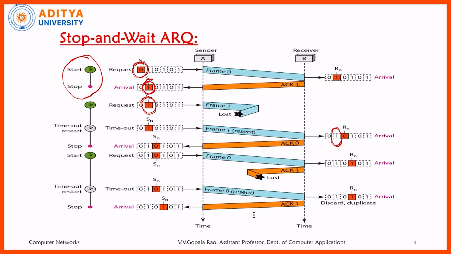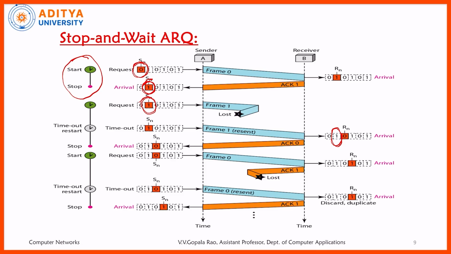After receiving frame number 1 successfully, the next frame the receiver expects is frame number 0, so it sends ACK 0. ACK 0 is the acknowledgement for the previous frame, and it also identifies the next frame expected by the receiver. That comes to the sender, and the sender can acknowledge it and decide what the next frame to send is.